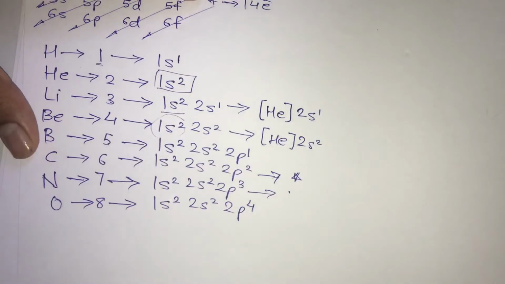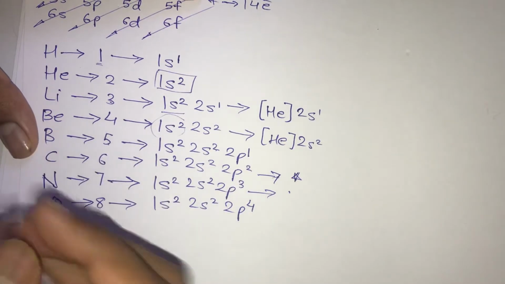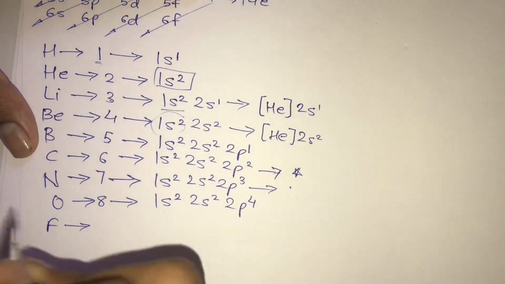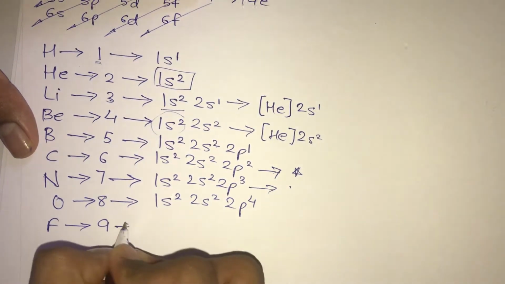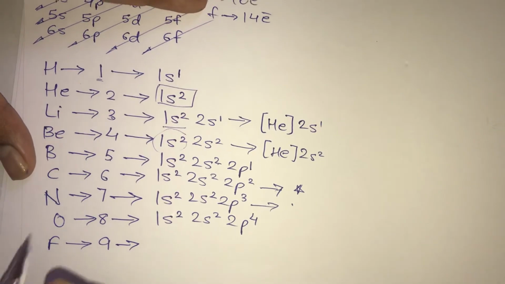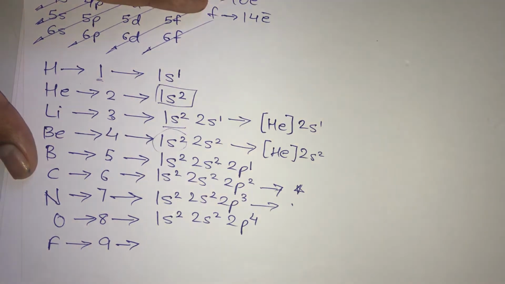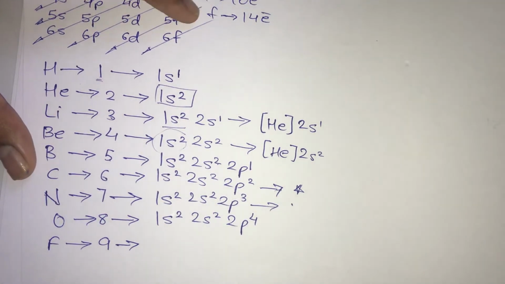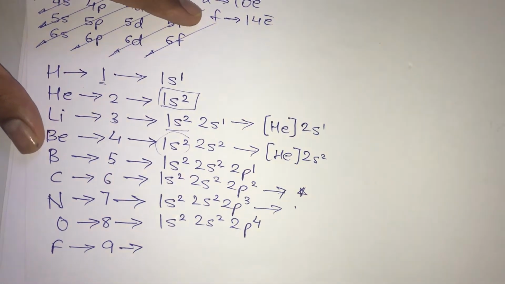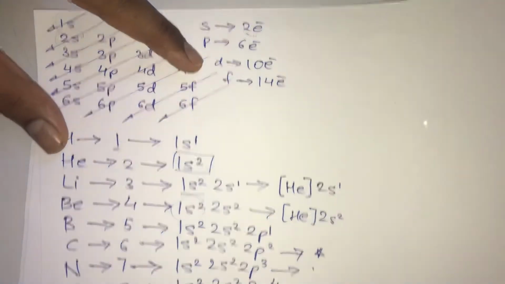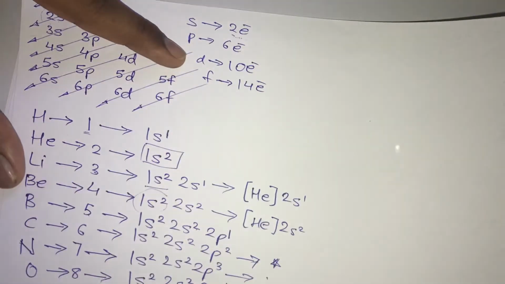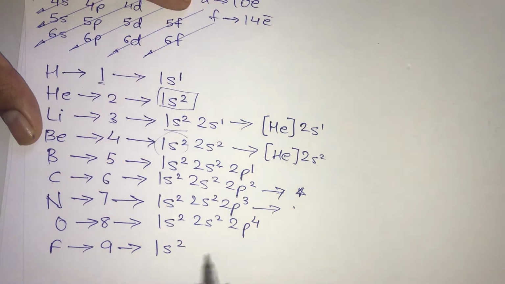Now moving ahead to the next one, that is fluorine. What is the atomic number of fluorine? 9. Now if you want to write the electronic configuration of fluorine, that is, you want to fit these 9 electrons, you will first go to 1s. 1s can accommodate a maximum of 2 electrons, therefore this 1s is going to take 2 electrons.